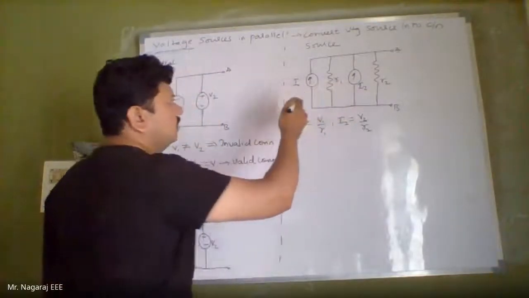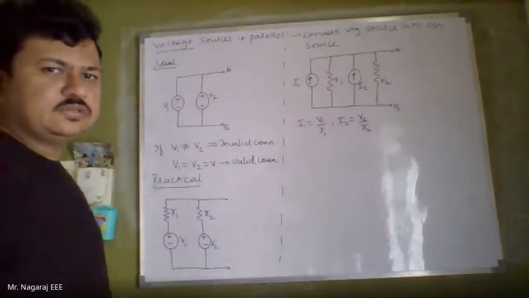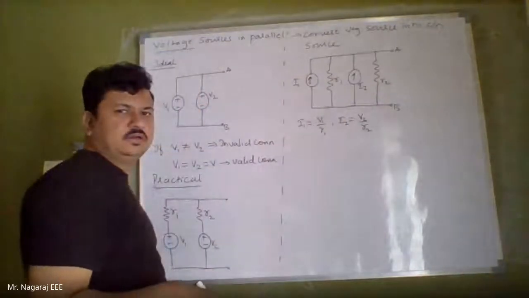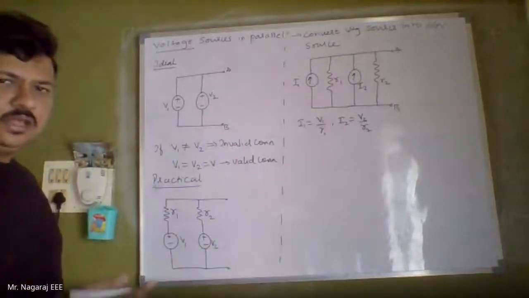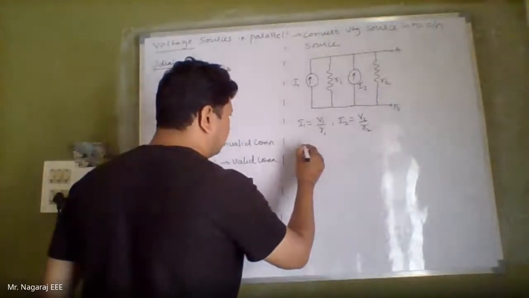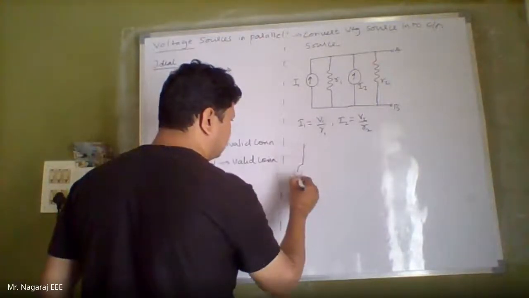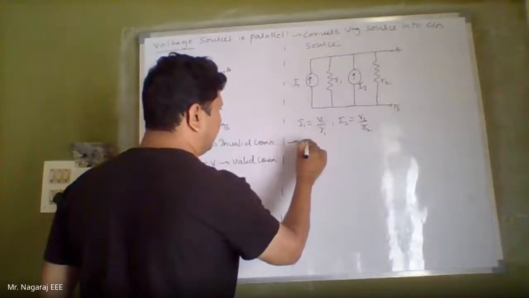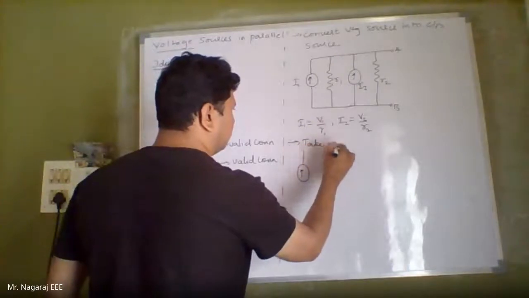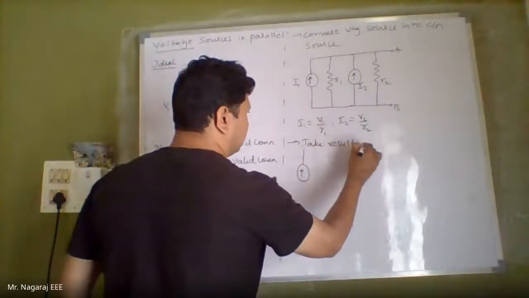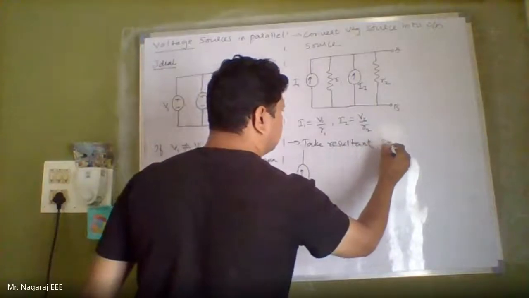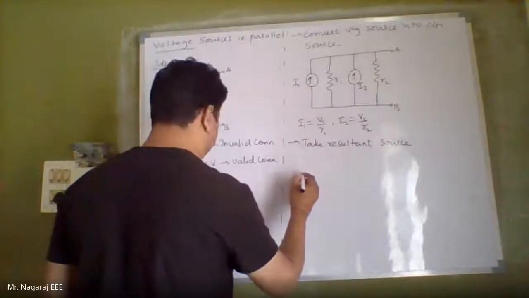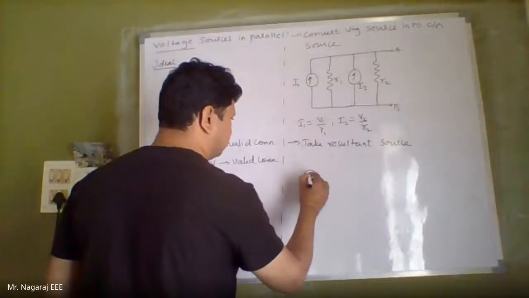Then I know how to get the equivalent source. If both the current directions are in the same direction, then I will add them. I will get a resultant current. Take a point here; resultant source or equivalent source, both are same.